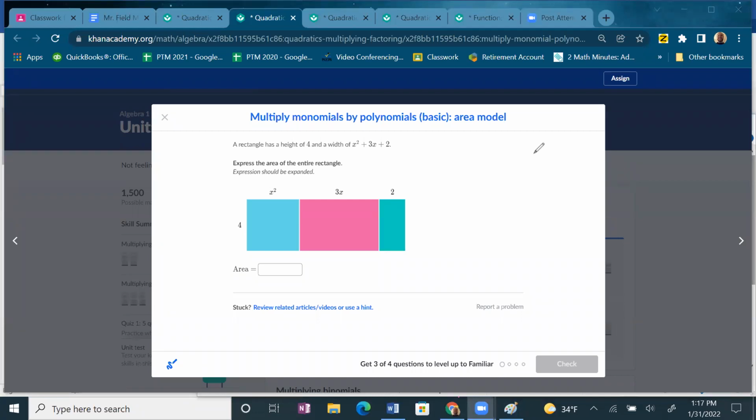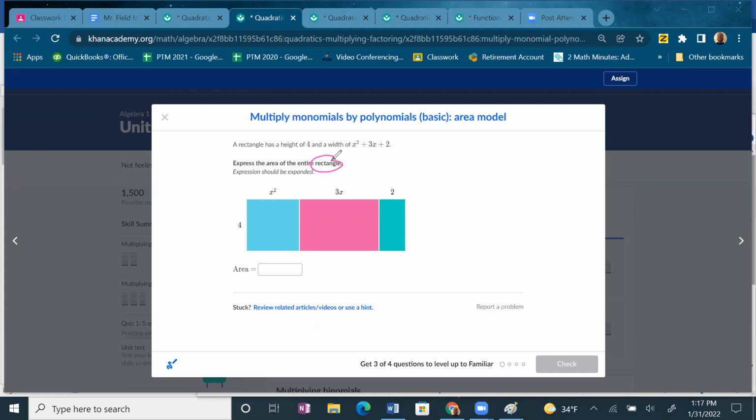Okay, so now we're going to talk about multiplying monomials, polynomials, and in that we will also add, but adding is not too bad. We just add the coefficients of the like terms together. So you'll see that. But let's talk about multiplying. So here we have a rectangle.